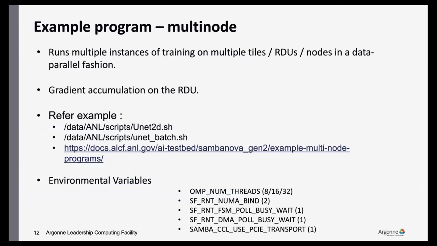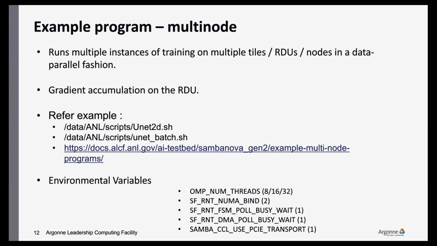Then, as the next step, we also take a look at what a multi-node example looks like. From whatever we have seen till now, simple examples like LeNet or MNIST are just very small toy programs or applications that can easily fit onto a single tile or an RDU, and they are just running on one instance.